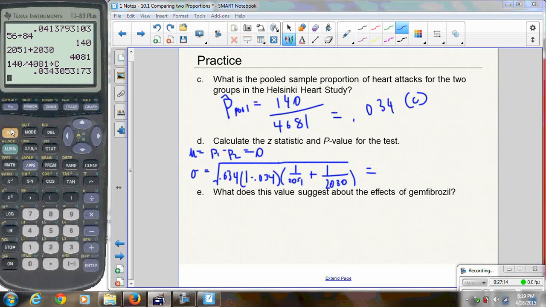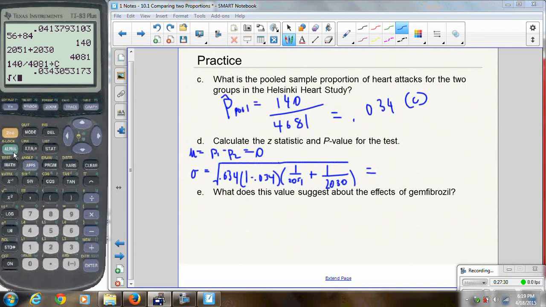Okay, so on my calculator, we're going to have 0.034 times 1 minus, and actually, let me go back. I saved that in letter C, so let's make this more exact.